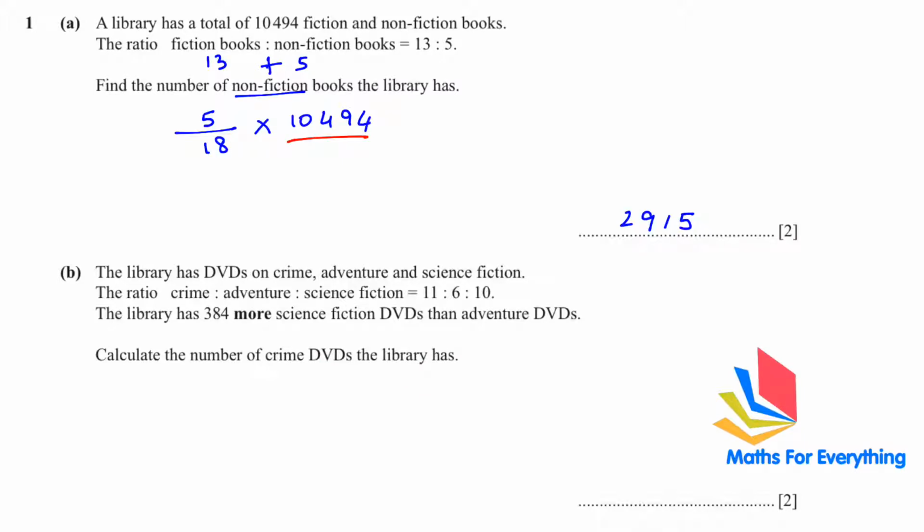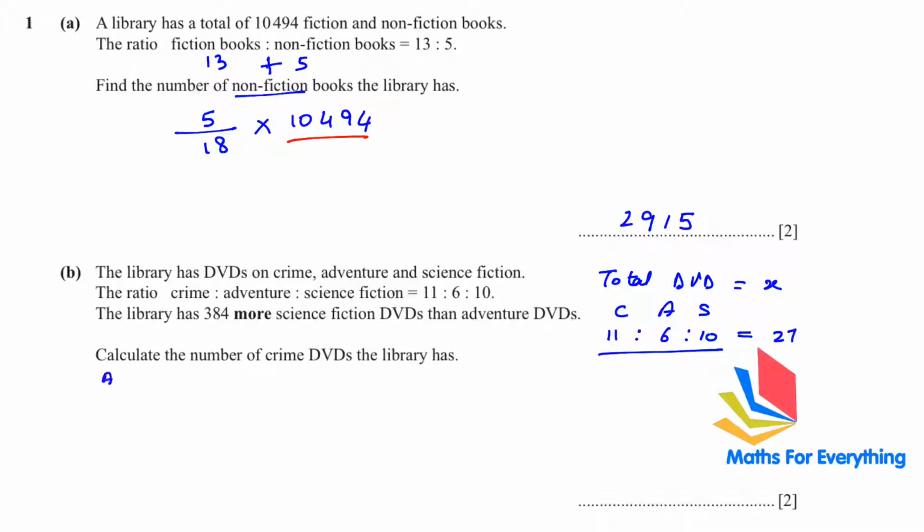We will write let the total number of DVDs equal X. The ratio of crime, adventure, and science is 11:6:10. And what is the total parts of the ratio? If you add them together, you will get 27.